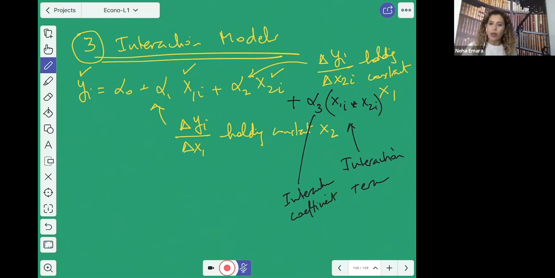Okay, so the interaction term and interaction coefficient are used to give us the simultaneous effect of x1 with x2. All right, so we have different types of interaction models.